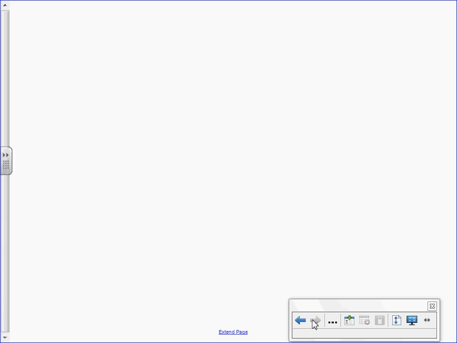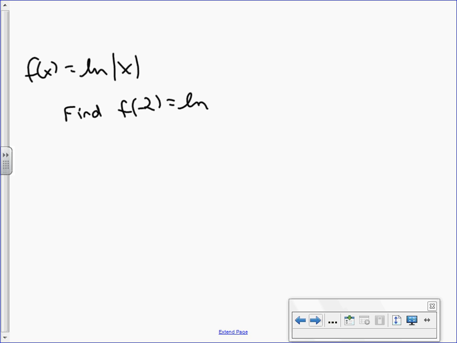And 2 other ones that you should be aware of. Y equals the ln of the absolute value of x. This means that if I ask you to find, let me do this in function notation instead, I like it better, f of -2, I'm actually going to be able to do it now.